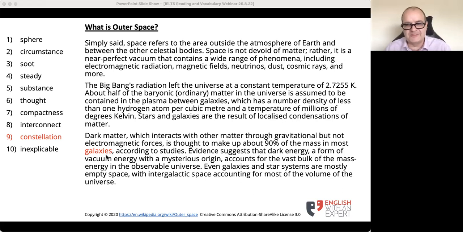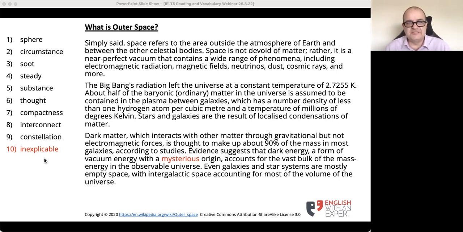And the answer to number 10 then is after this and before star systems. And yes, Pia's got it. It's the word mysterious. So these two words are also very, very useful for many task 2 topics and speaking topics, especially this word. Inexplicable means there's no explanation.